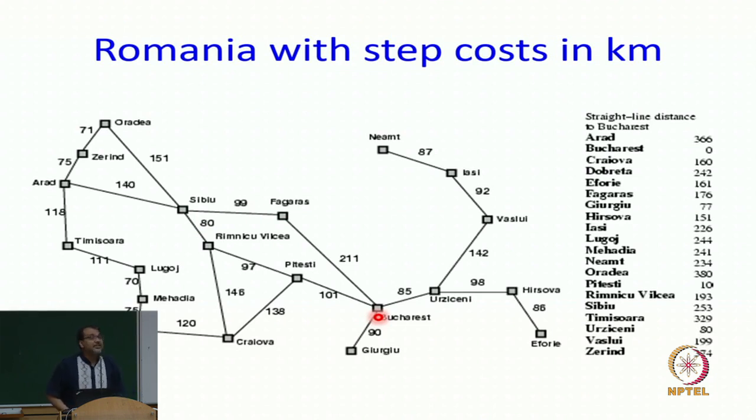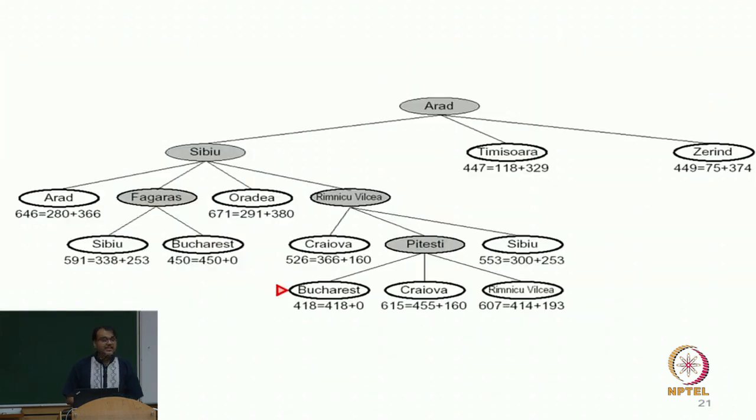Everybody with me on A star's functioning? Any questions? So, now comes the bigger question, and the bigger question is, is it going to be optimal? Okay. And here I am not going to ask you for intuitions, because there is a theory behind it, and it depends on how good the heuristic function is.